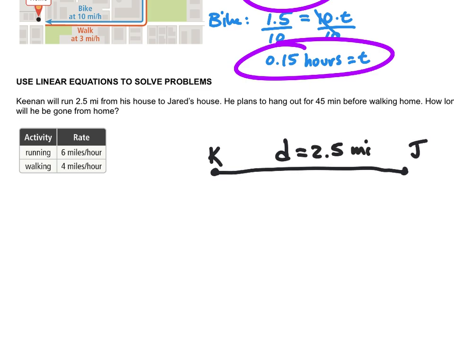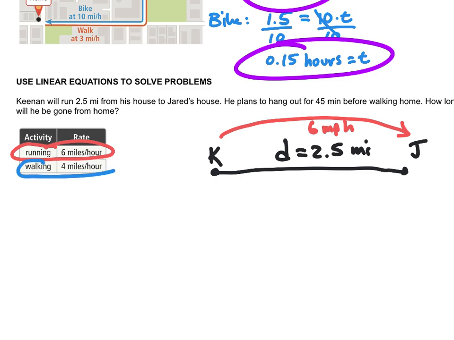Now, going to the house, he plans on running. Running means that's happening at 6 miles per hour. The rate for going home by walking would be 4 miles per hour.